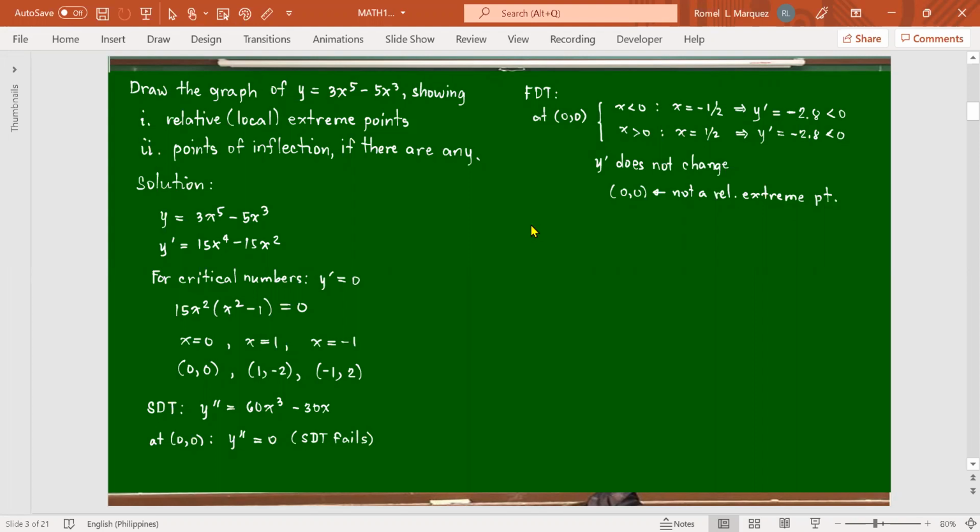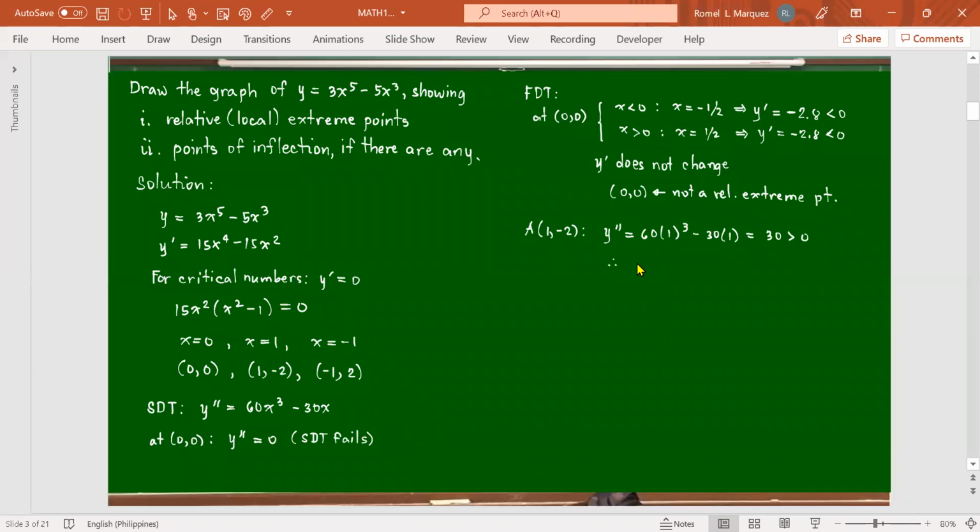So what about the second point? At 1, negative 2, using second derivative test, what is y double prime? So 60 times 1 cubed minus 30 times 1. So this is positive, no? Guys, positive 30 greater than 0.